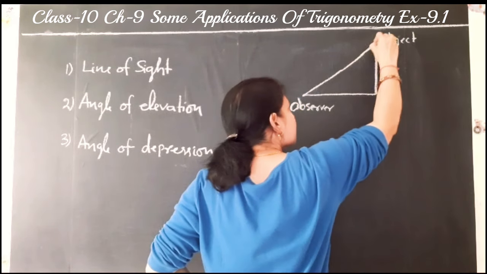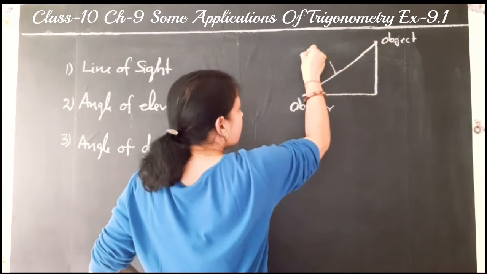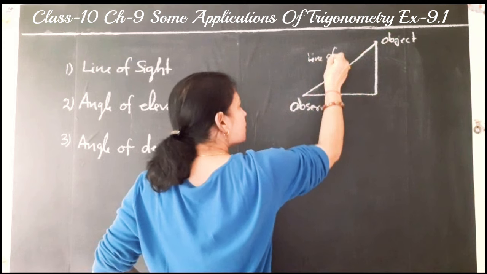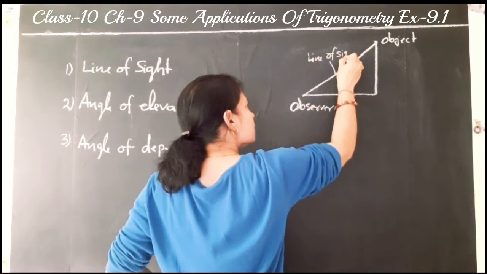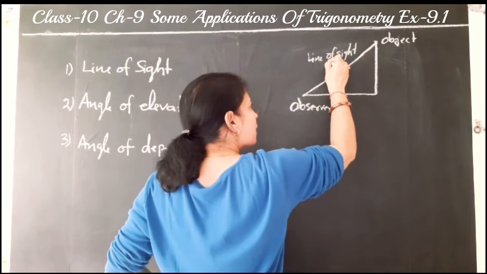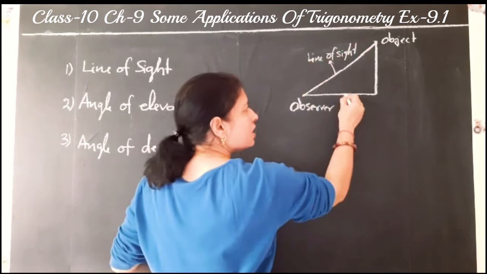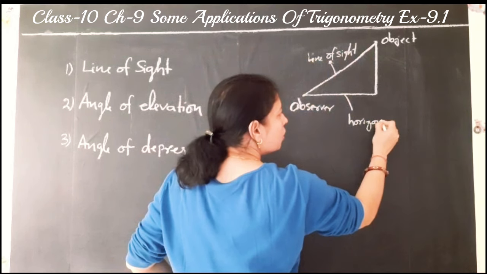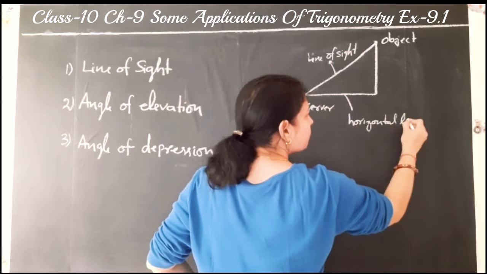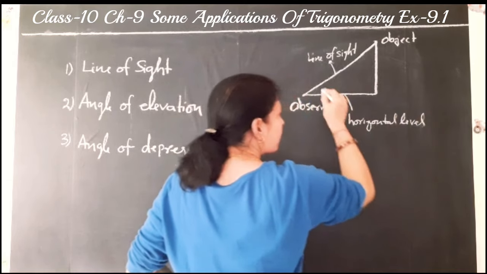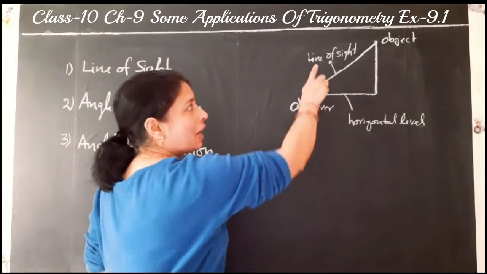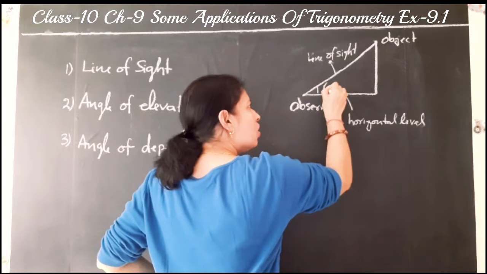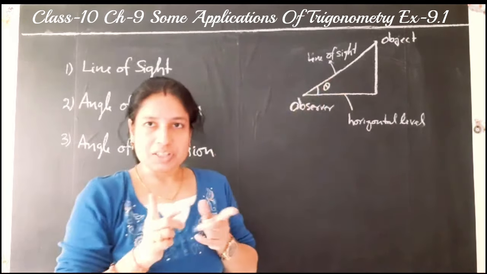Then this line is called line of sight, and this is called horizontal level. So the angle between line of sight and horizontal level is called angle of elevation.